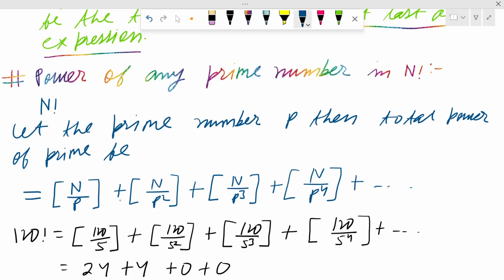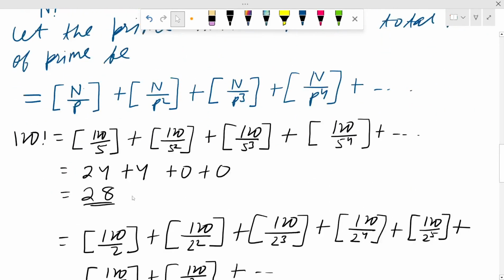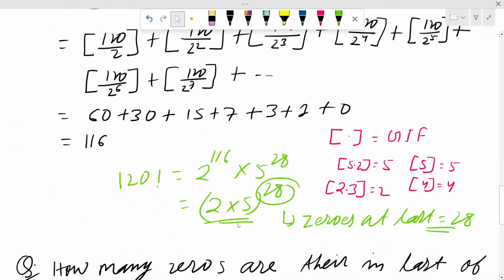The power of any prime number p in n factorial is n by p, plus n by p squared, plus n by p cubed, and so on, taking the greatest integer each time. Greatest integer means the nearest lower integer value: 5.2 gives 5, 2.3 gives 2, 4.9 gives 4.